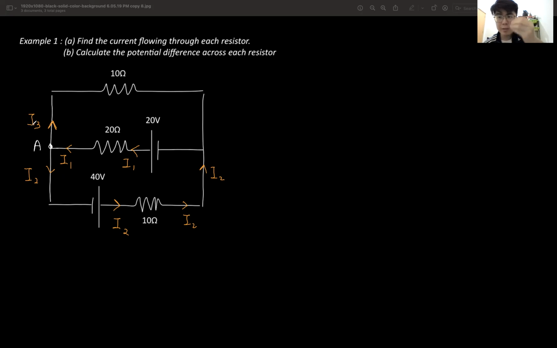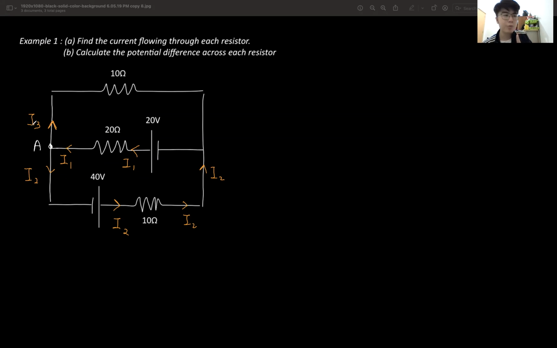That means the real direction of the I3 is actually downward. Okay, so when you get a negative value, that means it is the opposite of whatever direction that you label. So it really doesn't matter at first the correct direction of the current. Most importantly is you want to distribute the current.